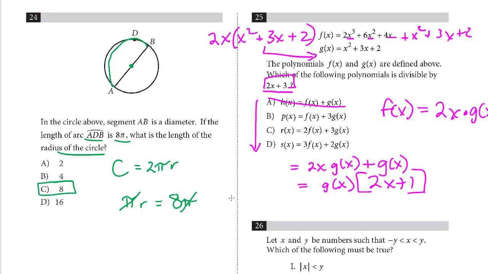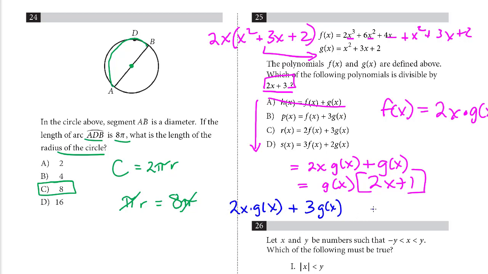B looks like it's going to be our answer. P of x is f of x plus 3 times g of x. So f of x is 2x times g of x plus 3 times g of x. Again, I'm going to factor out the g of x's.